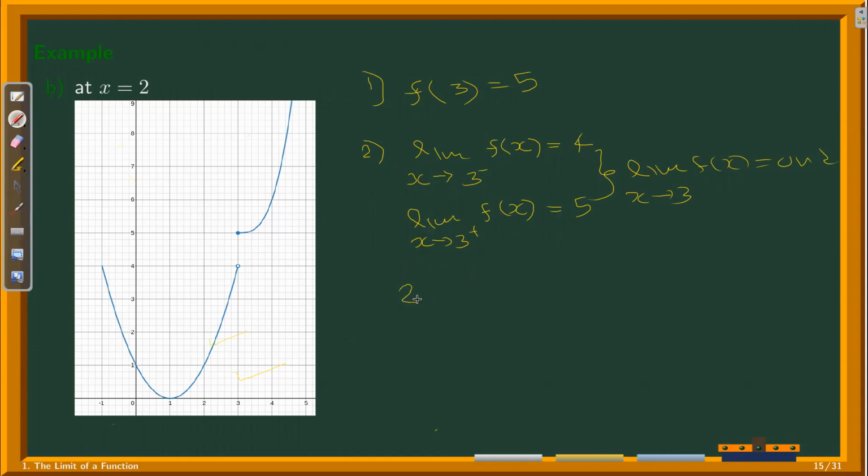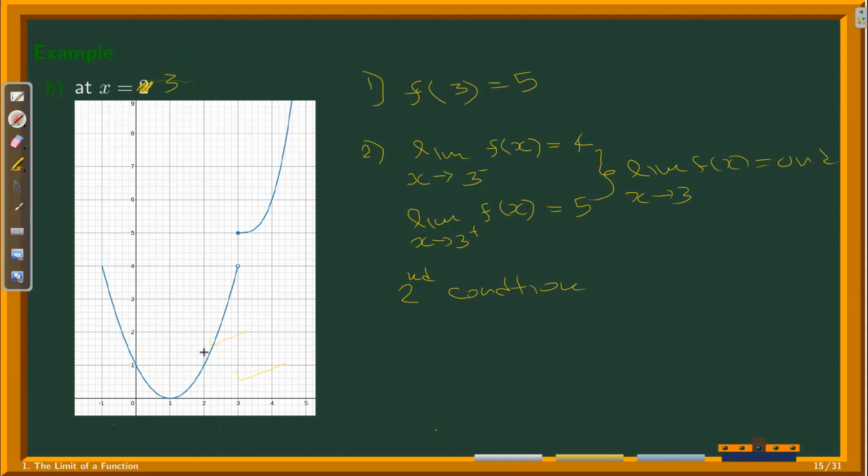Okay, so I can say the second condition is broken. Oh yeah, sorry, this is 2. Okay, sorry, in this problem I have a typo. I'll correct it because I want to concentrate on this point. If it was 2, it is continuous. I forgot to change the point here, sorry. Thank you. Okay, good.